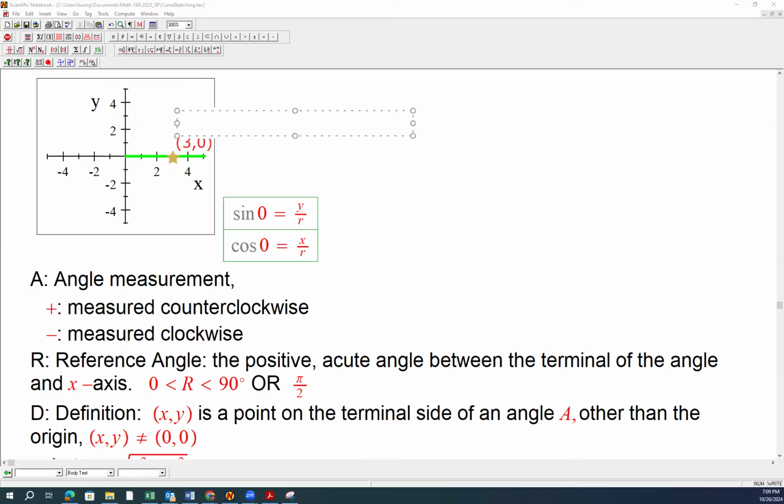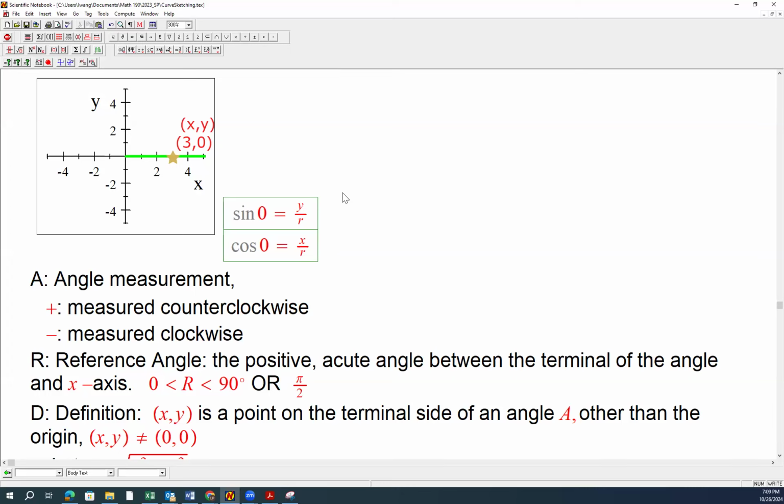Okay, so let me write down x comma y. We have freedom to pick any point we want, except that the point cannot be 0, 0, right? So now I just pick arbitrarily 3, 0. For 3, 0, I guarantee that this condition is satisfied, so I'm going to find the r. What will be the r?